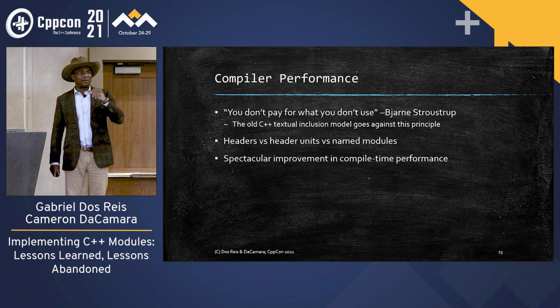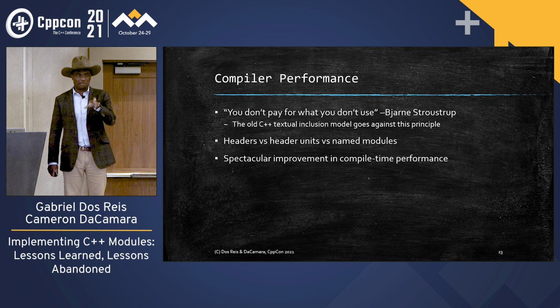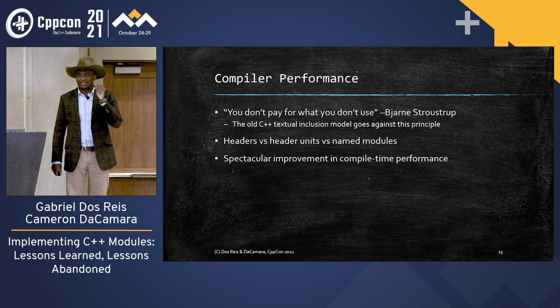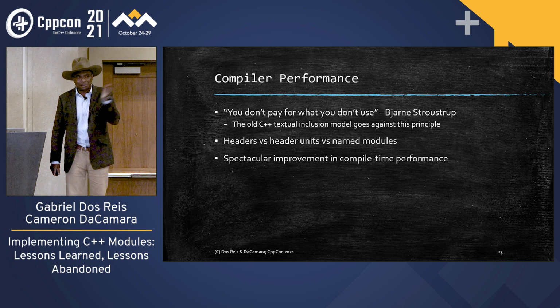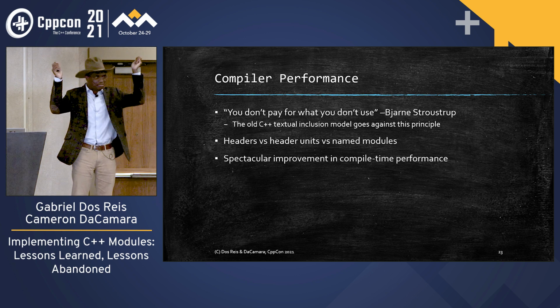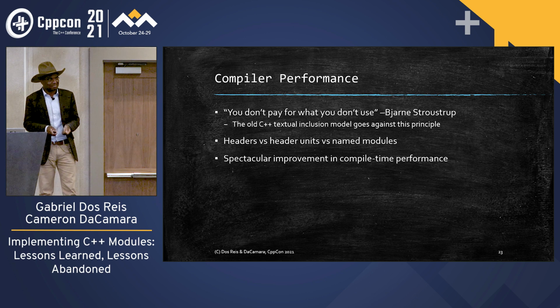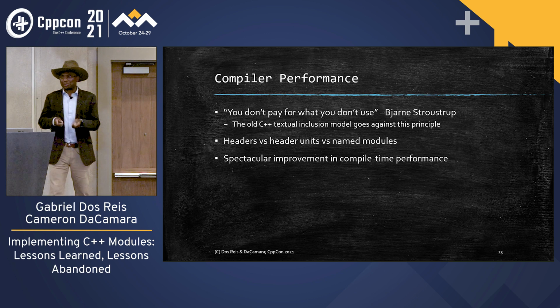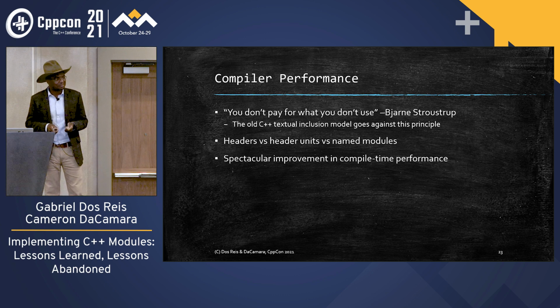It turns out in iostream there is a bunch of stuff that we don't actually use in the body of main. Yet, because it is copy and paste, the parser and the semantic analyzer have to go and parse all those things. All the other template stuff gets to be instantiated, even if you don't use it. So in the old world of hash include, now textual inclusion, you actually do pay for a lot of things that you do not use.